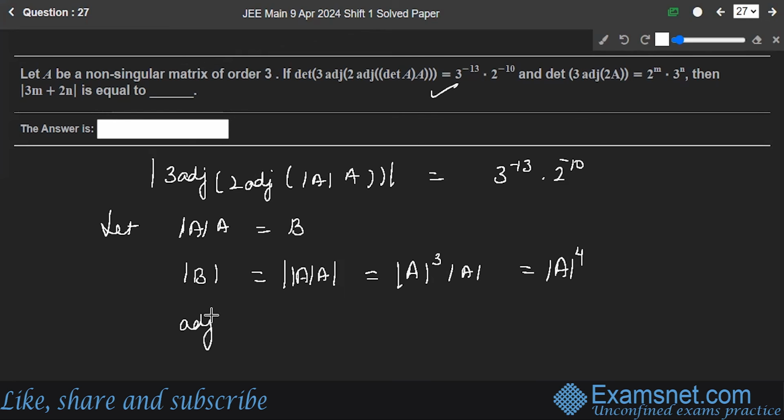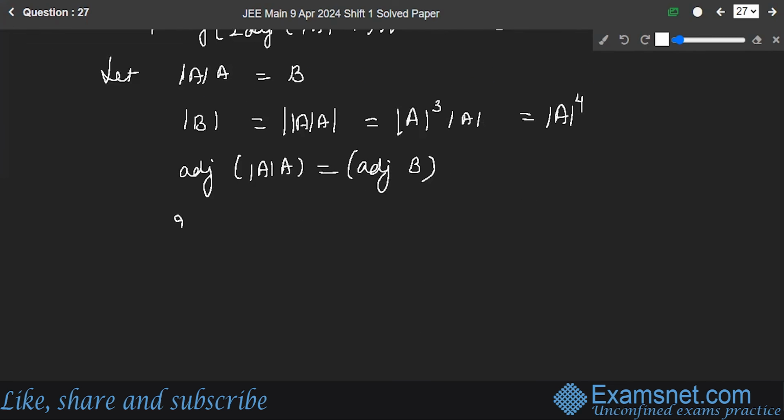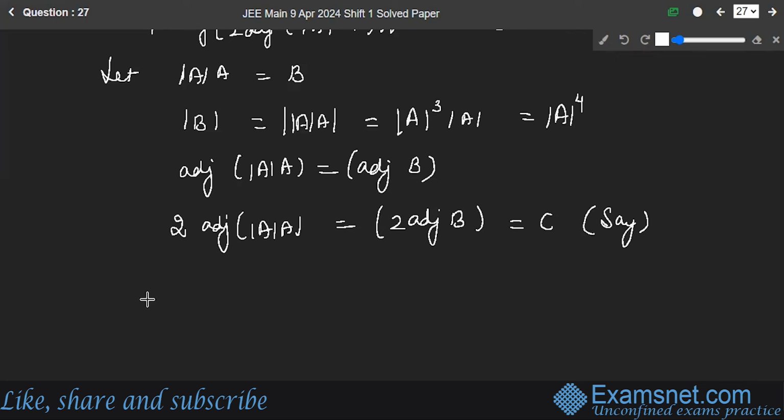So adjoint of determinant of A into A is equal to adjoint of B, and twice adjoint of A's determinant into A is equal to twice of adjoint of B, and let's say this is equal to some C.